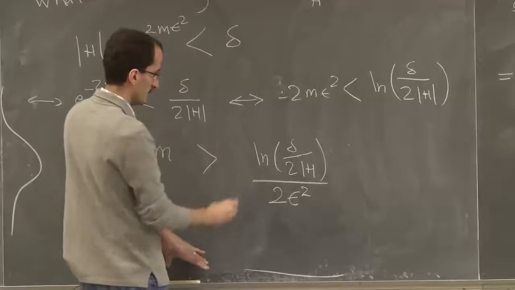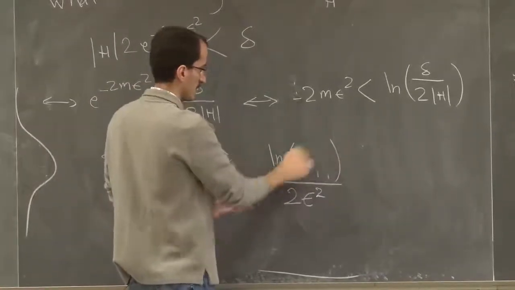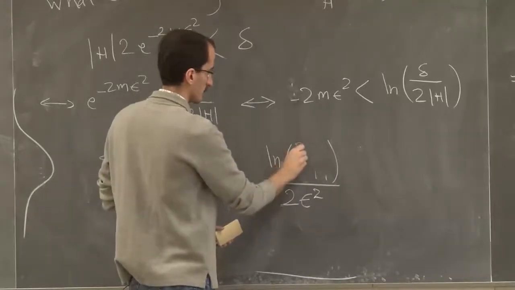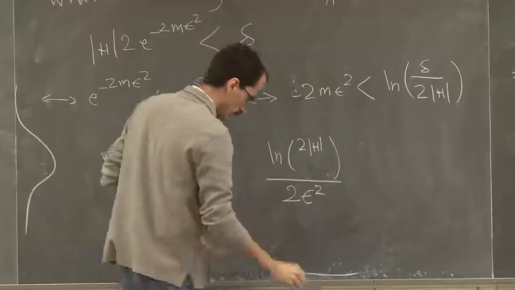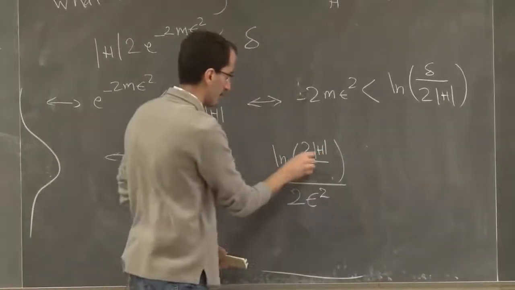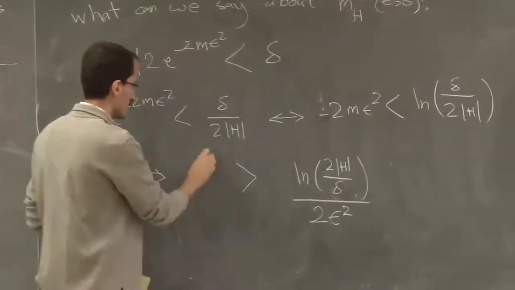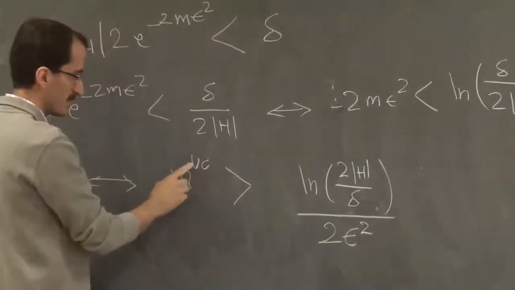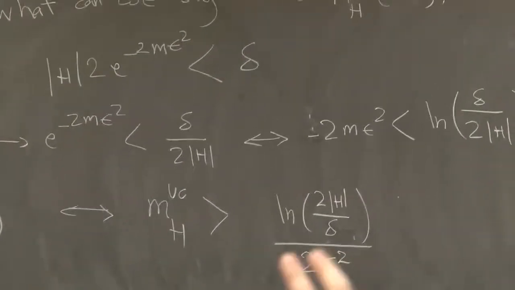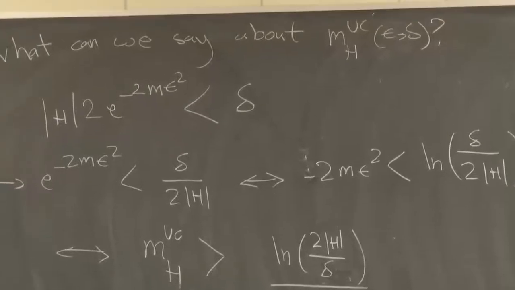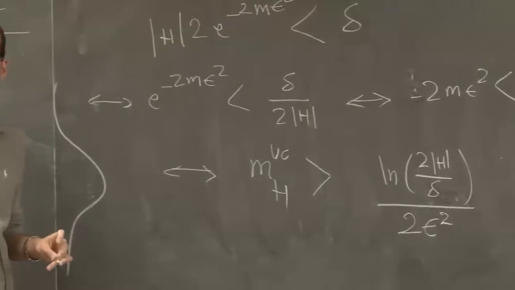There is a negative here, so instead of the negative, we can rearrange this. That's basically the sample complexity of uniform convergence. So we are quite there. We bounded the sample complexity of uniform convergence.